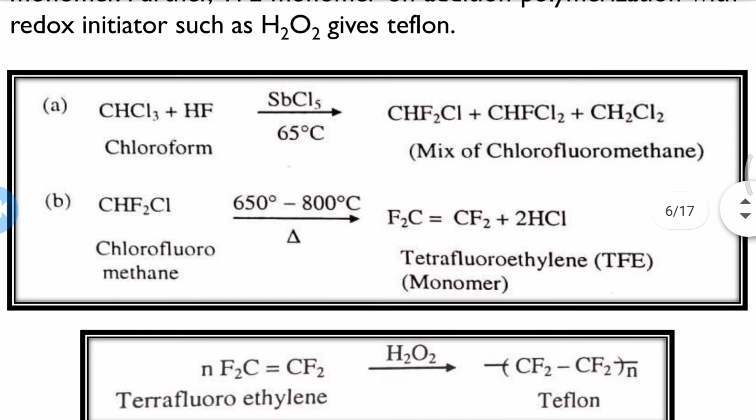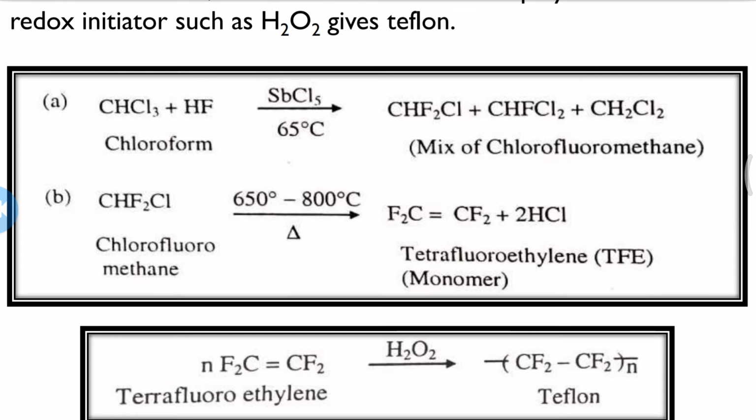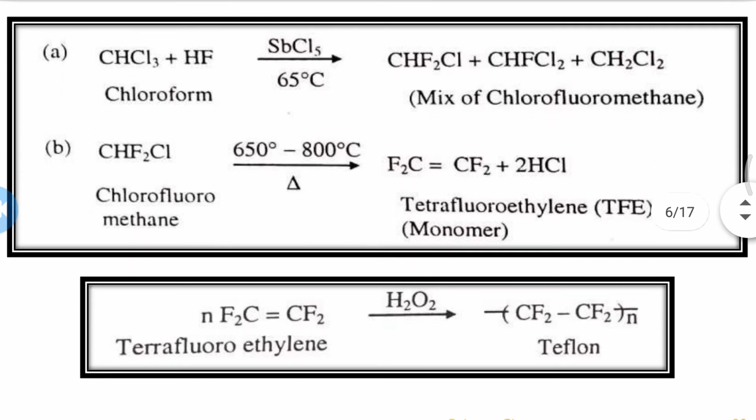In this representation of the reaction, chloroform CHCl3 reacts with HF in presence of SbCl5 at 65 degrees centigrade to form a mixture of chlorofluoromethanes: CHF2Cl plus CHFCl2 plus CH2Cl2.